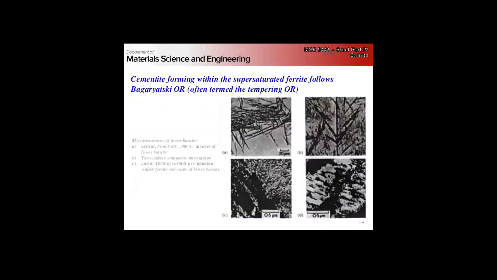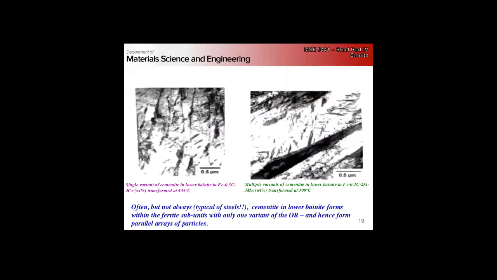Okay. Lower bainite is similar, except the carbon doesn't completely diffuse out, and we get carbide layers within the bainite subunits. Most of the time, we get a single variant. Remember, there's an orientation relationship that forms.